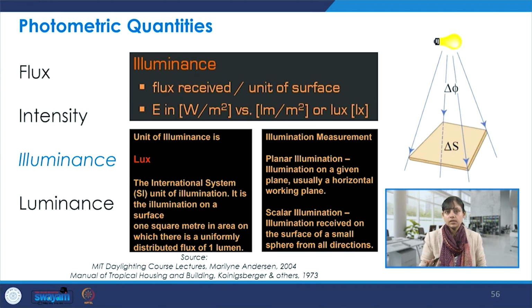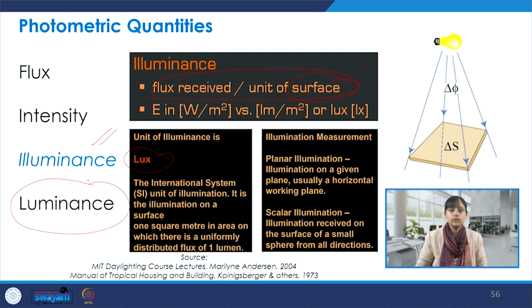Then there is illuminance, which is very important when we talk about lighting design, when we talk about the concepts related to daylight, artificial light. It is flux received per unit of surface. It is also called illumination, and the unit is lux, and it's basically a surface property. So it's very important to understand illuminance, and it's put here in a very overview manner.